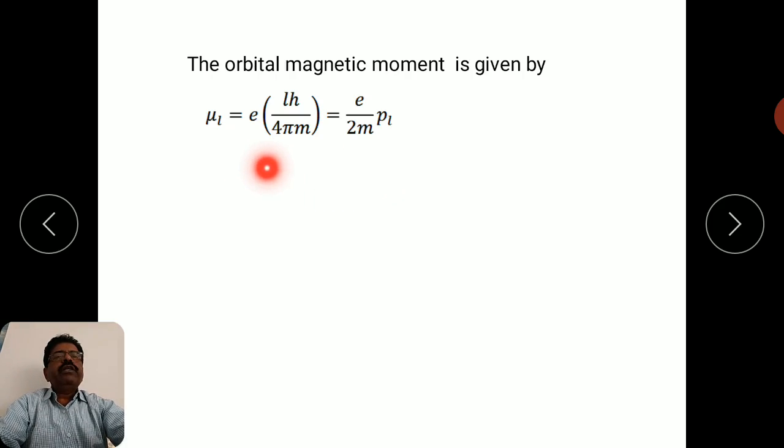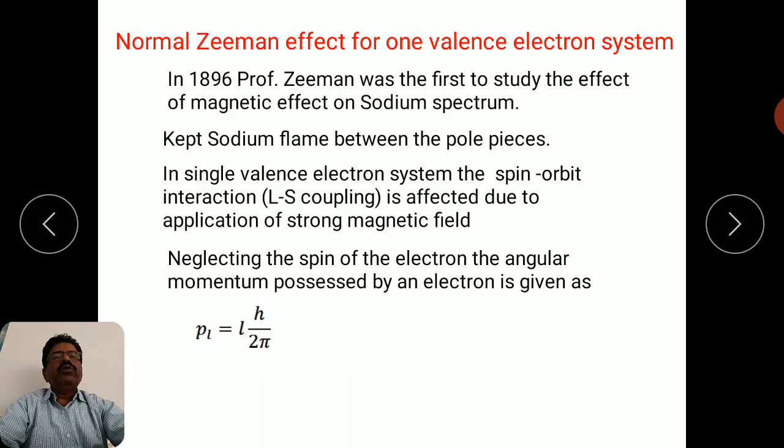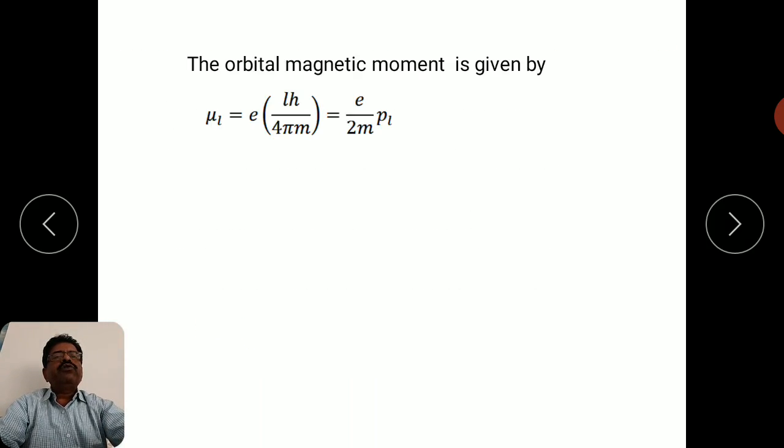So mu L is equal to eLh upon 4 pi m, or this is equal to e upon 2m into PL, because earlier we have seen that this PL is equal to Lh upon 2 pi. So if you substitute Lh upon 2 pi as PL here, mu L will become e upon 2m into PL.